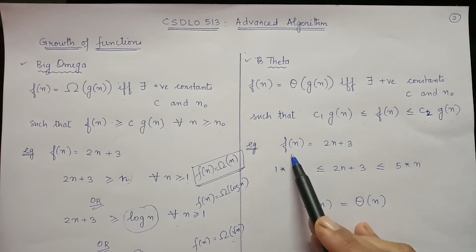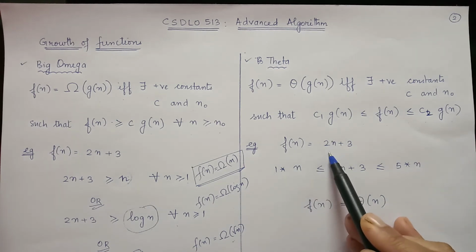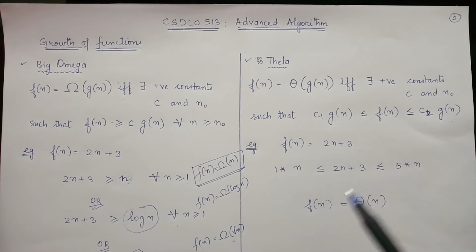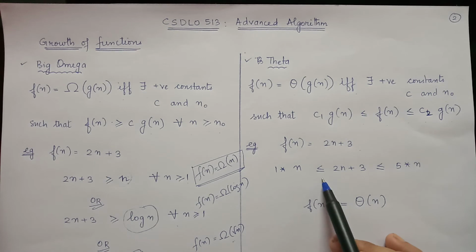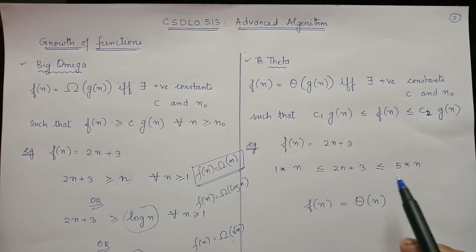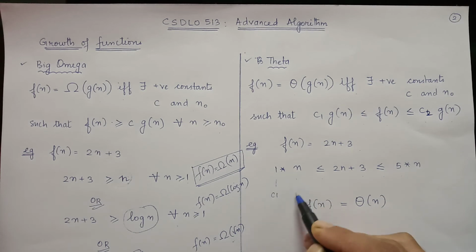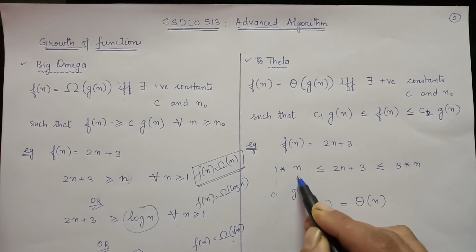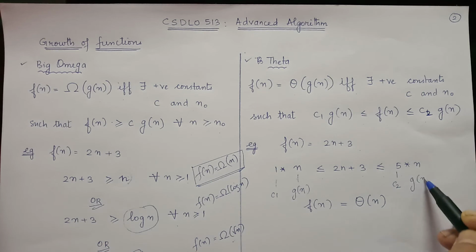When we consider the same example for f of n, where f of n is equal to 2n plus 3, you can see that here n is less than or equal to 2n plus 3, which is less than or equal to 5n. Here c1 is equal to 1 and our g of n is equal to n. And here c2 is 5 and g of n is equal to n.